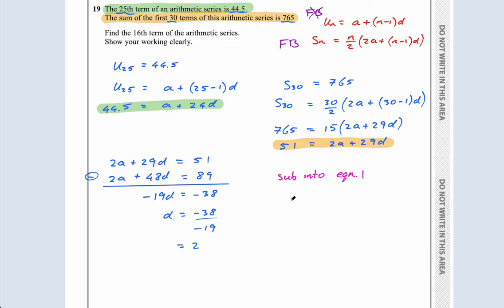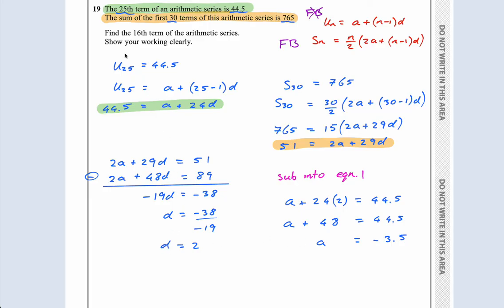So I have a plus 24d, or 24 times 2, that's this equation, a plus 24 times 2 equals 44.5. a plus 24 times 2 is 48, equals 44.5, and then a is equal to 44.5 minus 48, which is negative 3.5. Okay, now I have a and I have d.